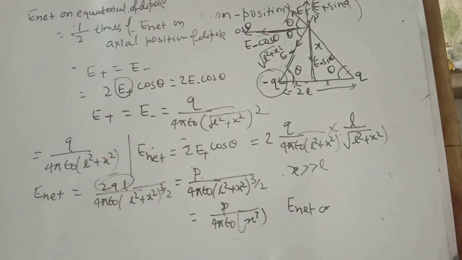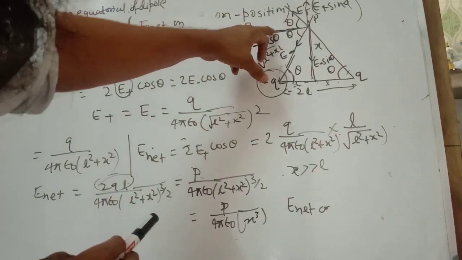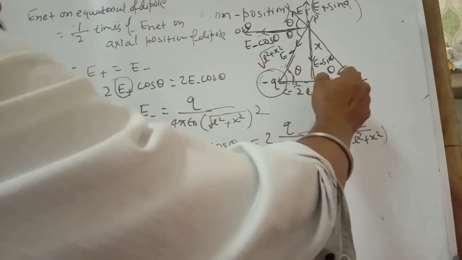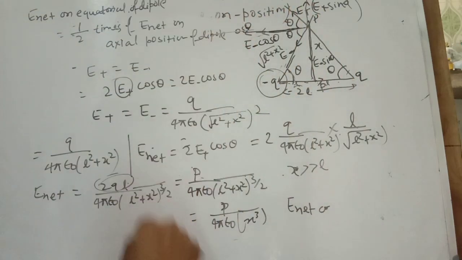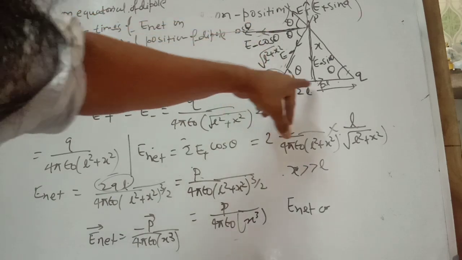What is the direction of E net? We know that the direction of the dipole is from negative to positive charge, but the direction of E net goes opposite to P. So in vector form, E net equals minus P over 4 pi epsilon naught x cube, because the direction of E net is opposite to the dipole moment.